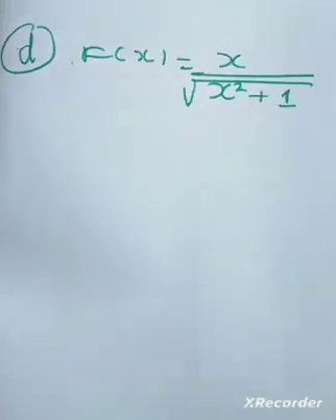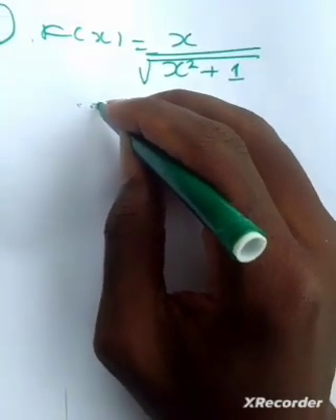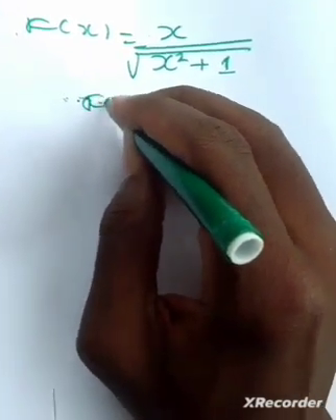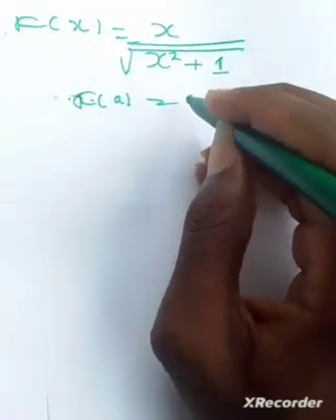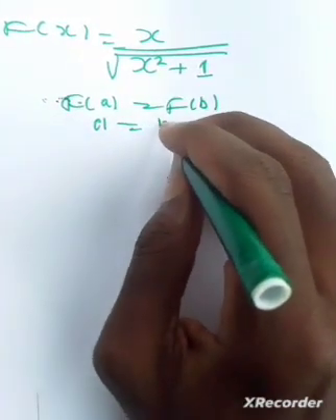Okay. Alright, so if a function is one-to-one, it means that when we equate f of a and f of b, then simplify them, we should end up with this.